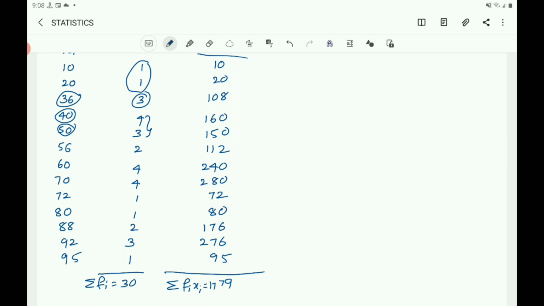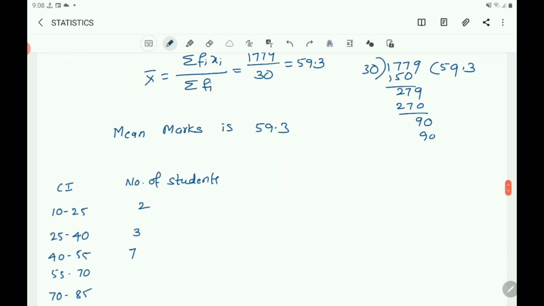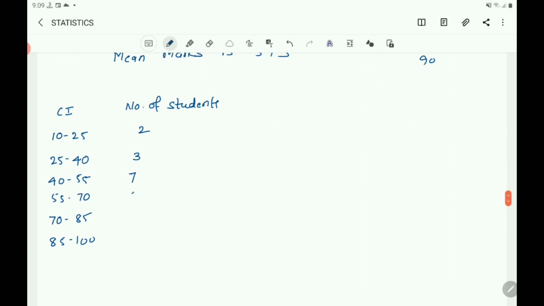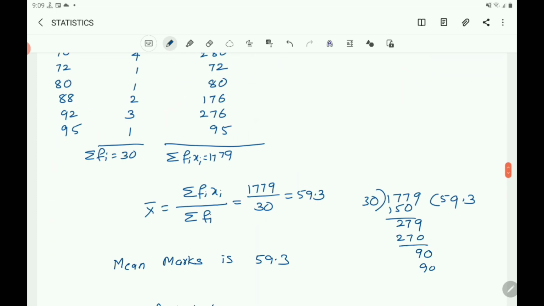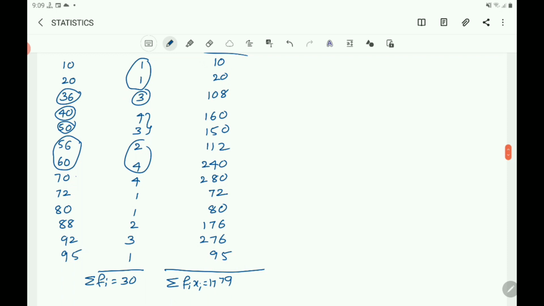Next one is 55 to 70. You take these 2 and must leave this. So you take 2 plus 4, 6. Then 70 to 85, you take the sum of this, that is 4 plus 2, 6.